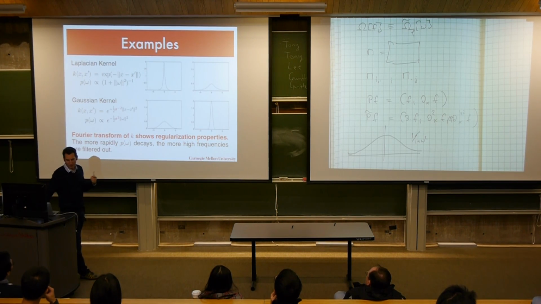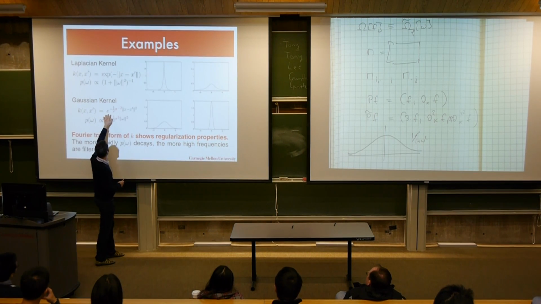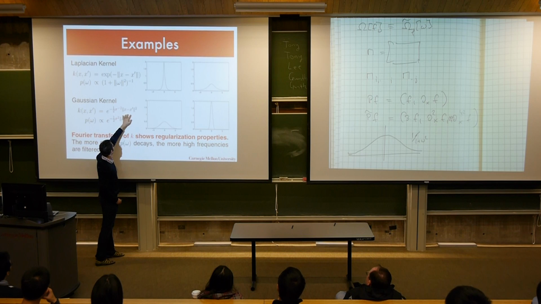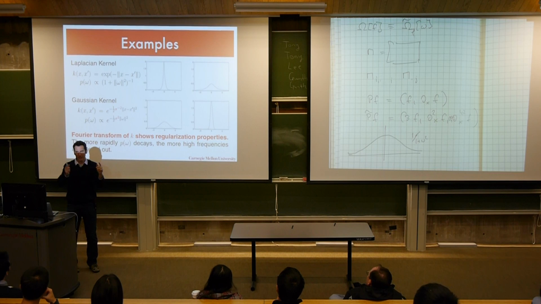If I have a Laplacian kernel which goes like e to the minus x prime, then the Fourier transform is 1 over omega squared inverse. So you get exactly this. If I have a Gaussian kernel, right, e to the minus 1 over x minus x prime divided by sigma squared, we know that, if I have a Gaussian and Fourier transform it, I get the inverse Gaussian again with the inverse variance.